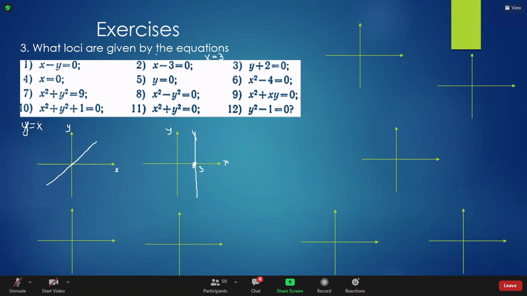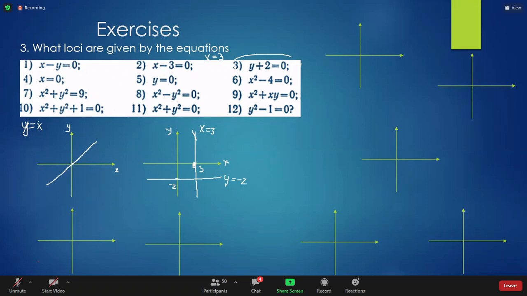It will be a horizontal line where y is minus 2. It's important to understand when the line is horizontal and when the line is vertical. Not very difficult, but the revision needs to be done.